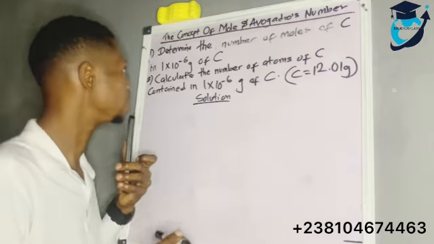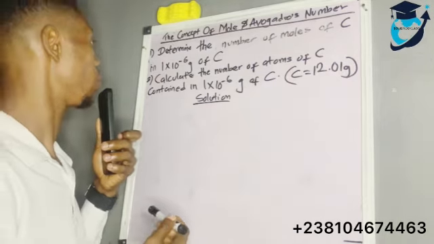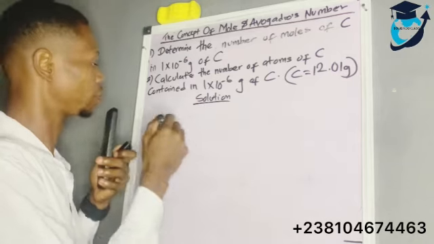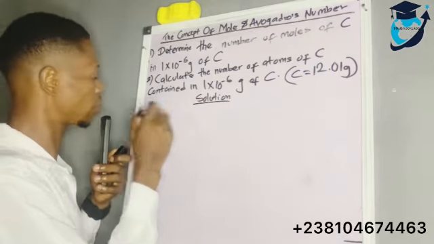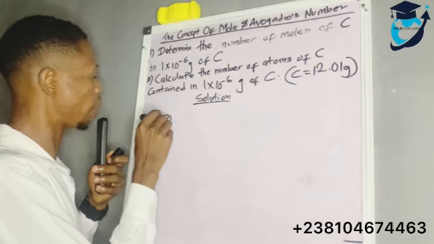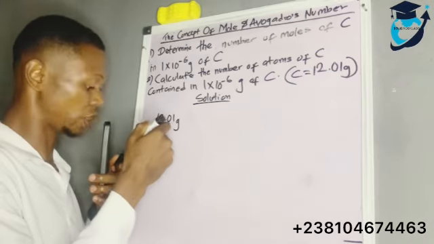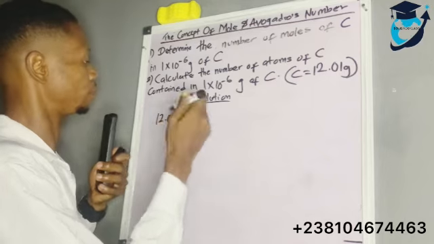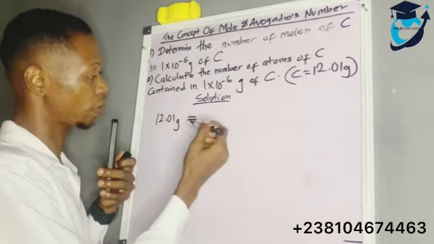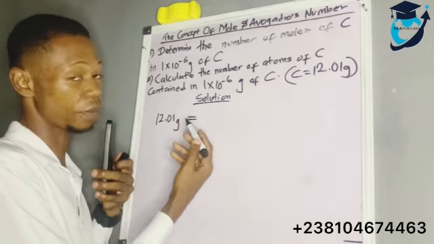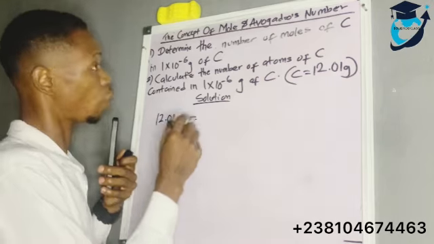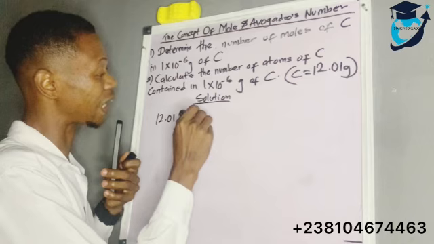For the first one, determine the number of mole of carbon in this. So we remember that 12.01 gram is the gram atomic weight of carbon inside 1 mole.